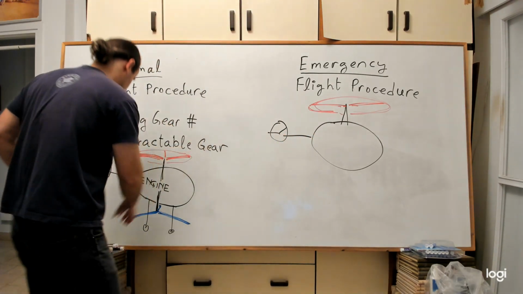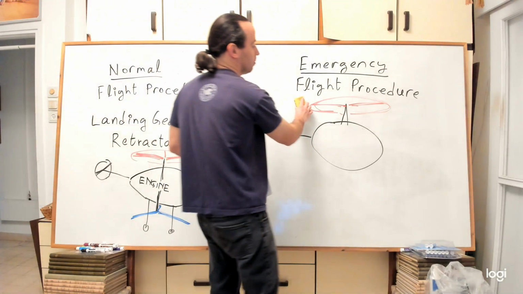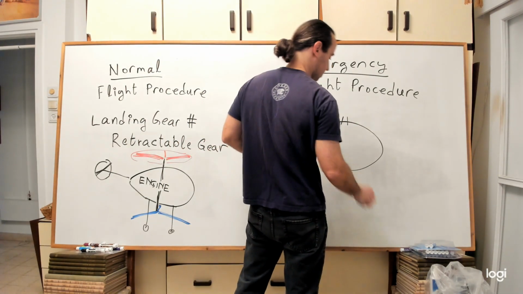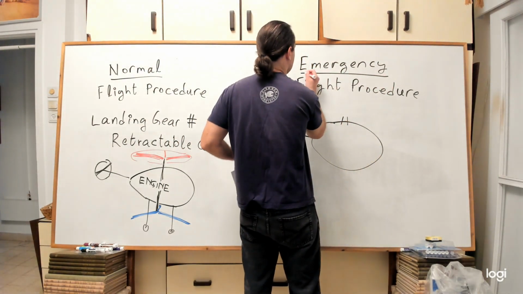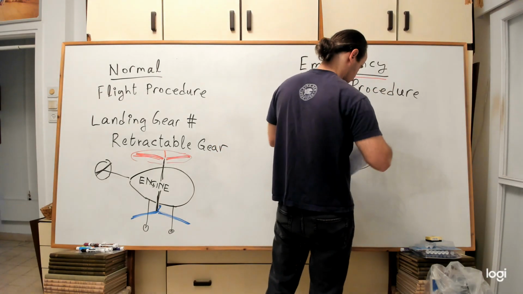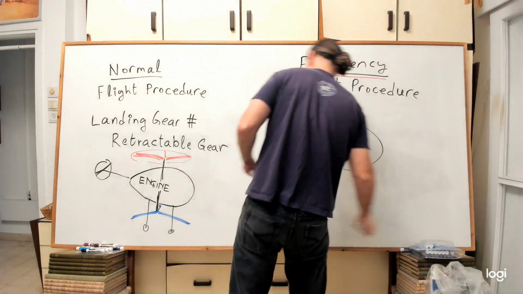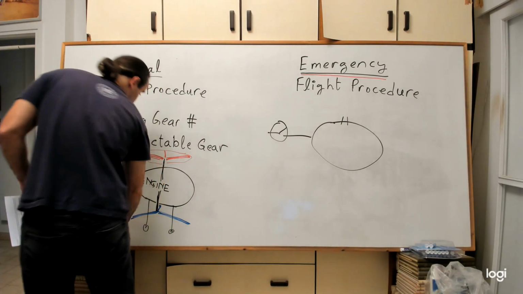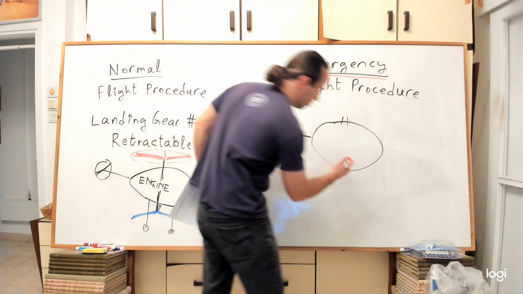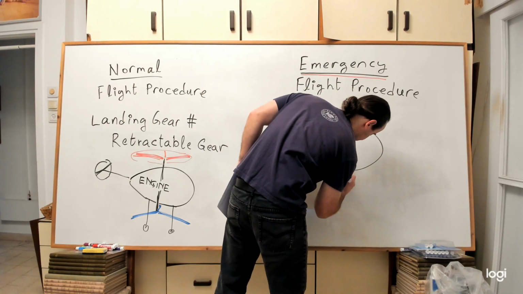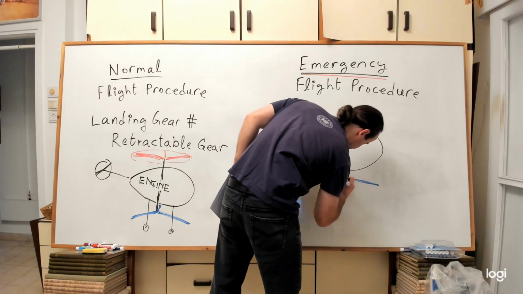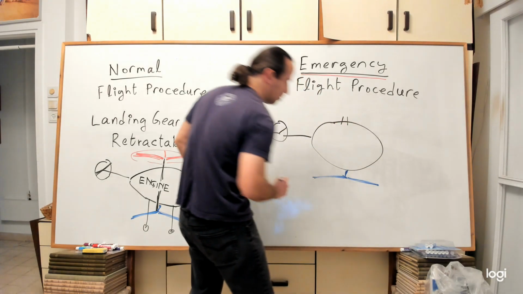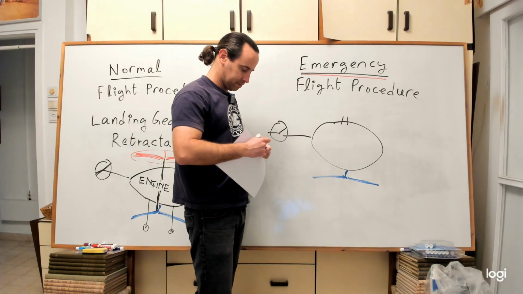Okay, this means emergency, when we don't have this anymore. This is an emergency. So in this case, remember we have the rotor here below, which is not rotating yet.